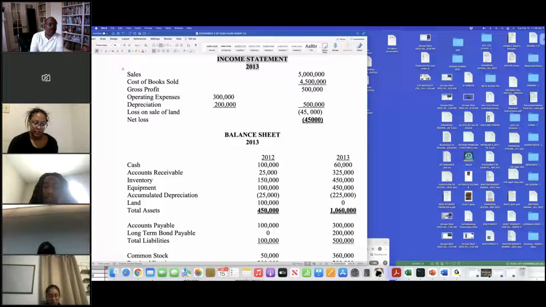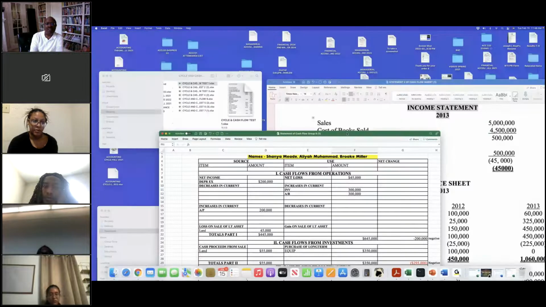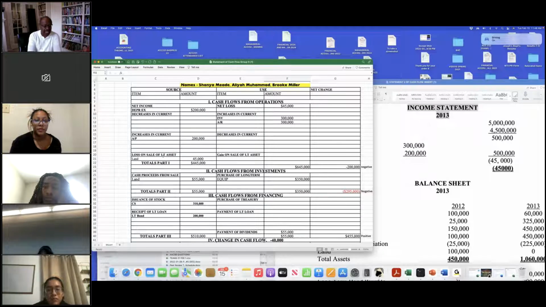Perfect. And so the 145 would go under land, or would it go under gain of sale? If this were a gain, the gain of 45,000 would be over here.